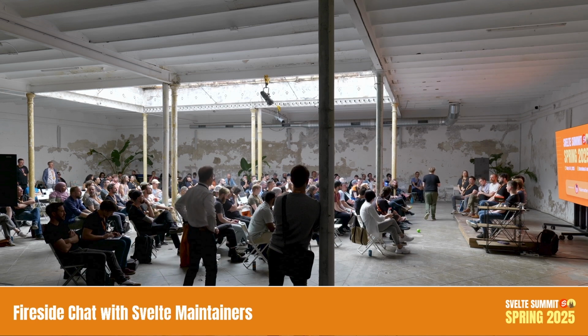Hi. So one of the talks that I found most interesting conceptually was using other server frameworks with Svelte. And sort of going back to a question earlier, would allowing people to incrementally adopt Svelte with the existing infrastructure that a company has be something that the team would be interested in helping us to do?